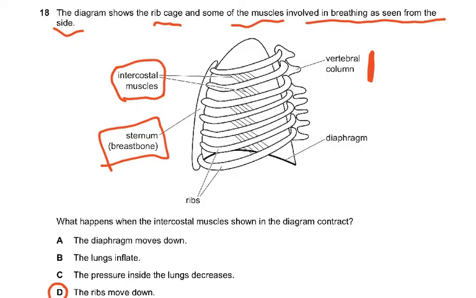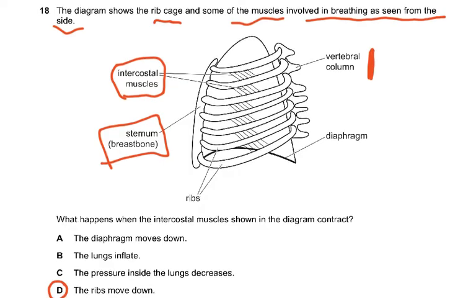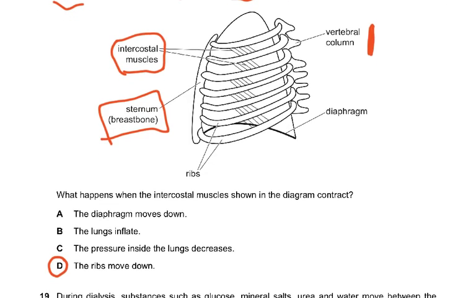They've labeled all this. What happens when the intercostal muscles shown in the diagram contract? Now, that's a very difficult question, because if you don't know the direction of the intercostal muscles, you see they are like this. This is what you have to understand.